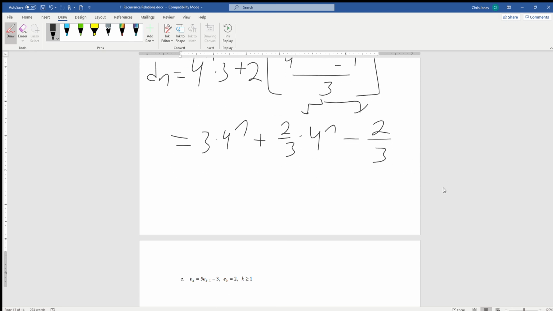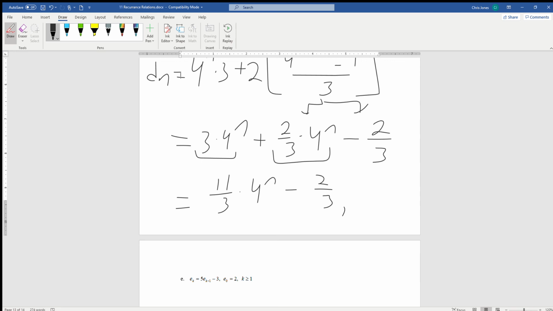And then the last thing we can do to make this even cleaner is combine our like terms. Notice that we have a 4 to the n, 3 plus 2/3. So I think the most basic form that we can get is 9/3 plus 2/3 is 11/3 times 4 to the n minus 2/3. We want to make sure that we have some sort of basic value for this.